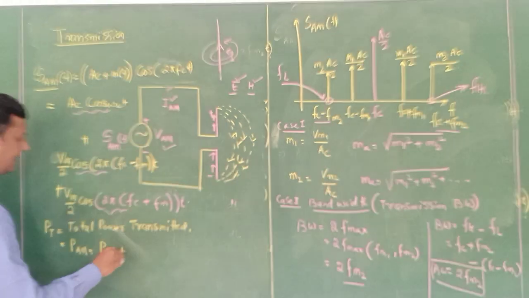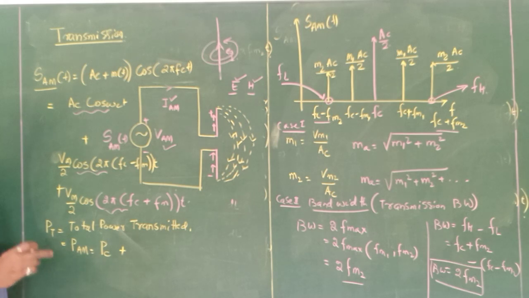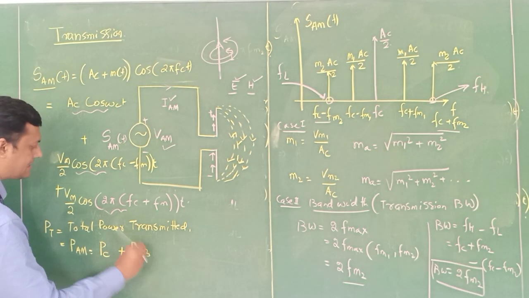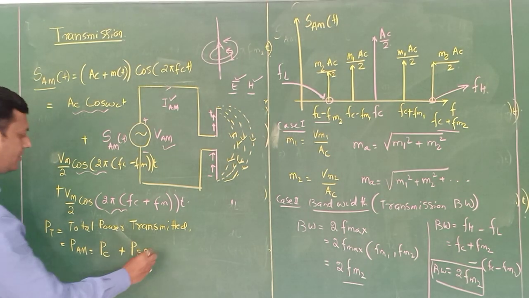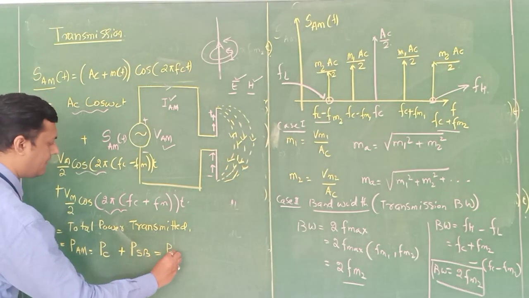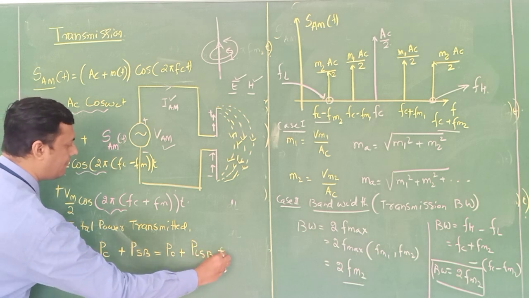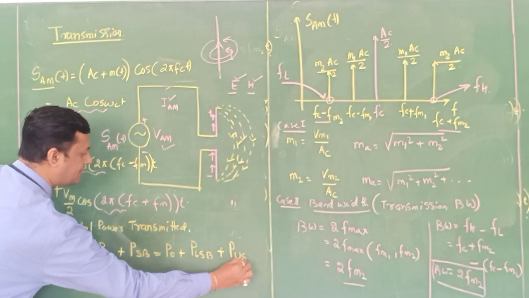P suffix C is the power content in the carrier plus the power content in the sidebands, P suffix SB, which I can expand as PC plus P LSB plus P USB.